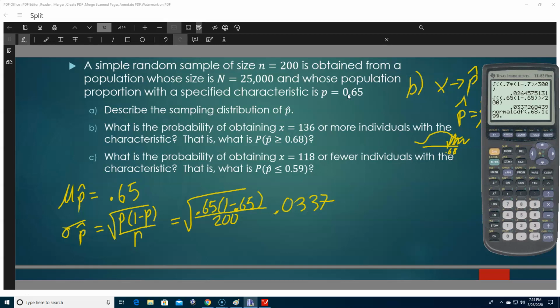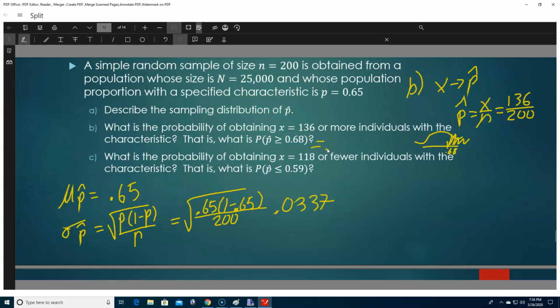Our average, which is our mu p hat, 0.65. And then our standard deviation, 0.0337. We hit enter, and that's our probability. So our probability would be 0.187.